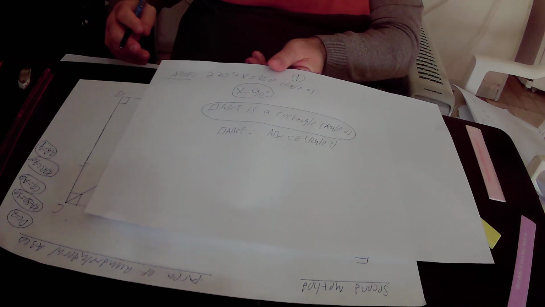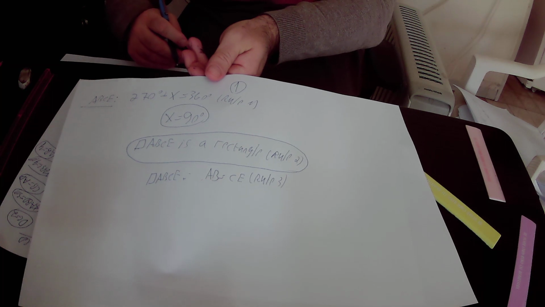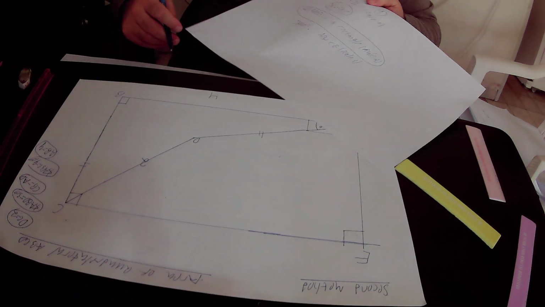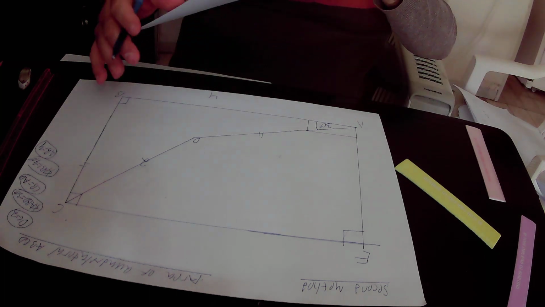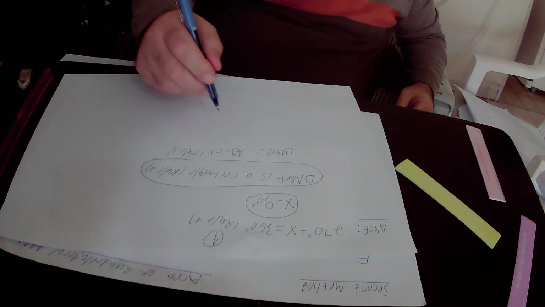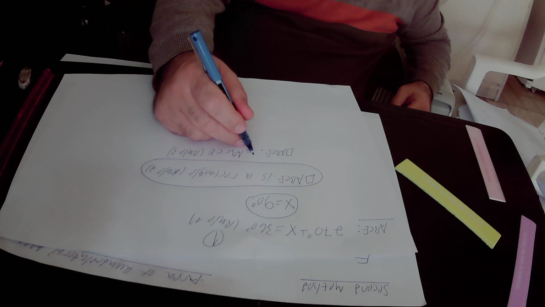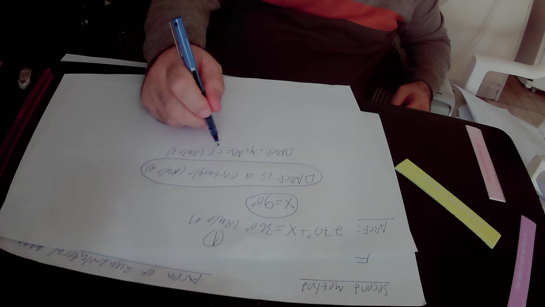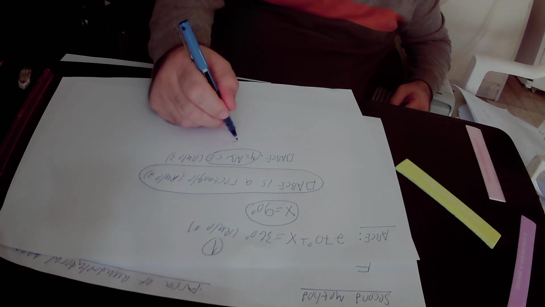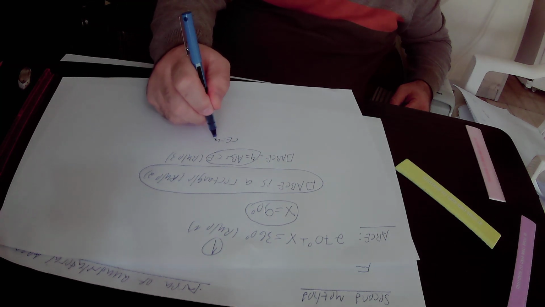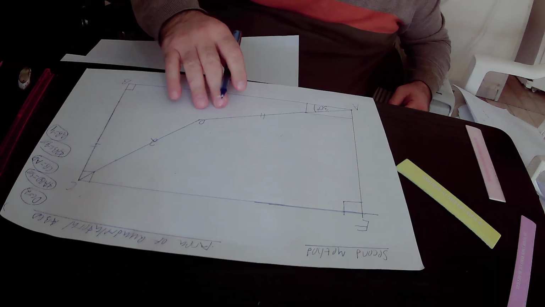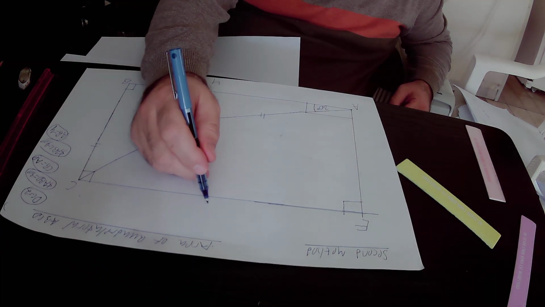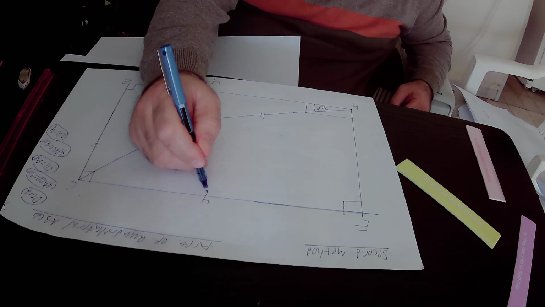But it is given in the question that AB equals 4 units. From this equation, we will derive that CE also equals 4 units. So we can write here that CE, or EC, it is the same, equals 4 units.